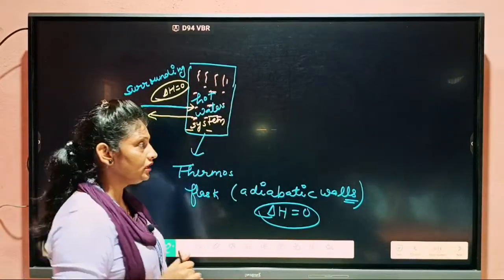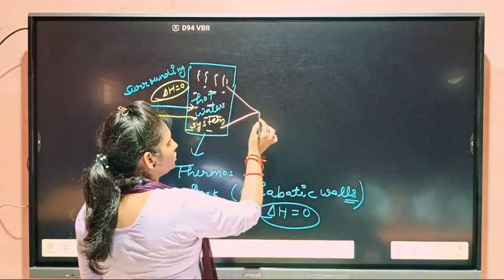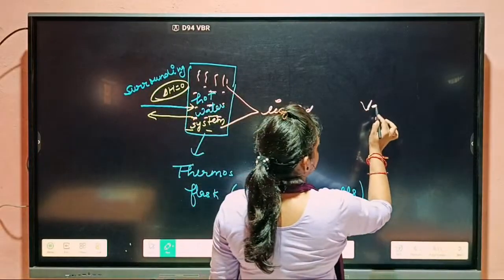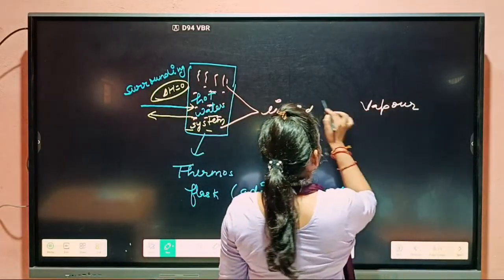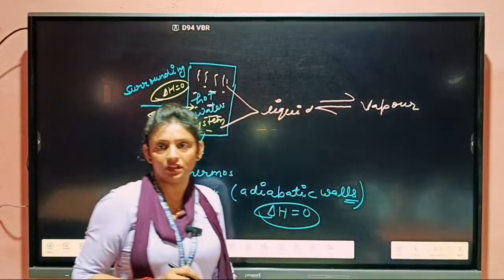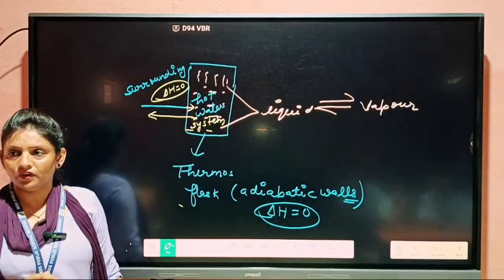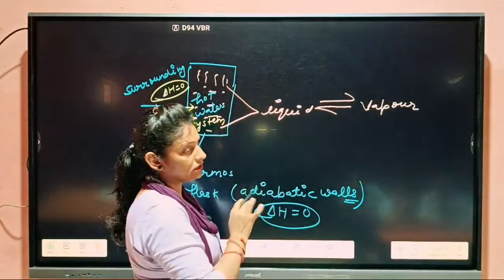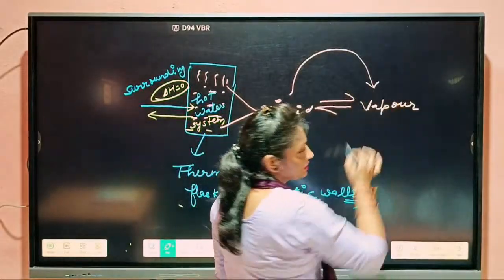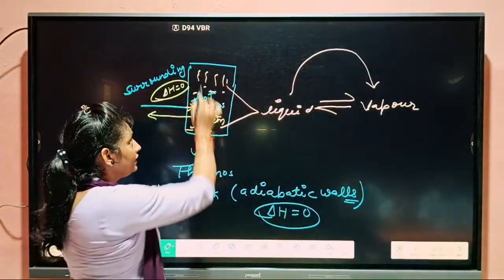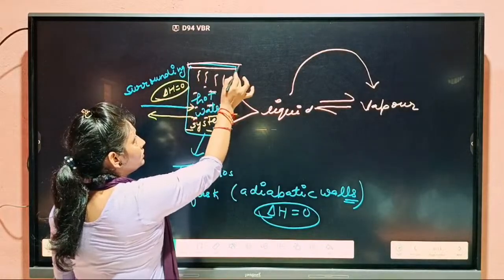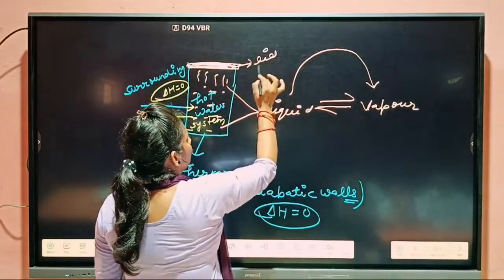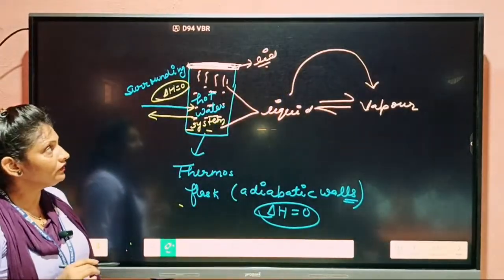Okay. So here, if there are both liquid and vapors, they are in equilibrium. What do you mean by this? Means this liquid, because it is hot, is going to convert into vapors. But students, here it is closed. So this lid, this cover of the container, what will happen?